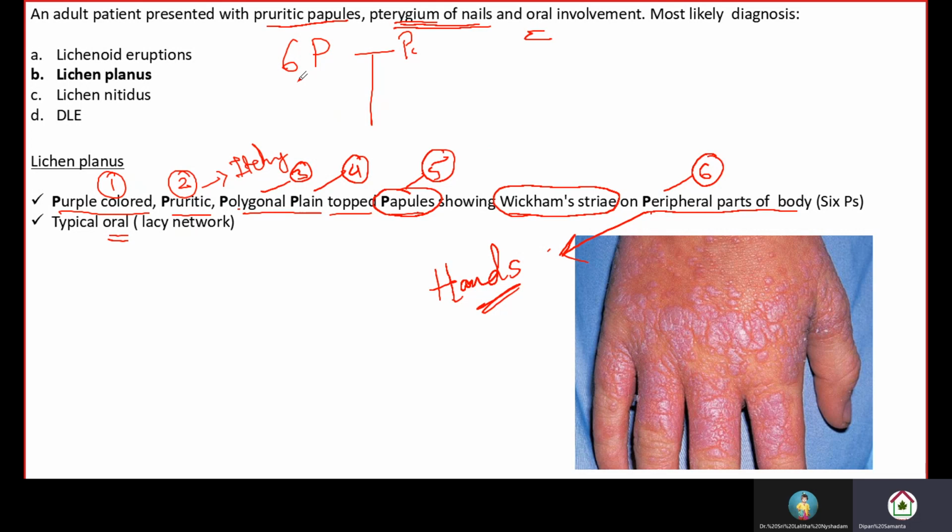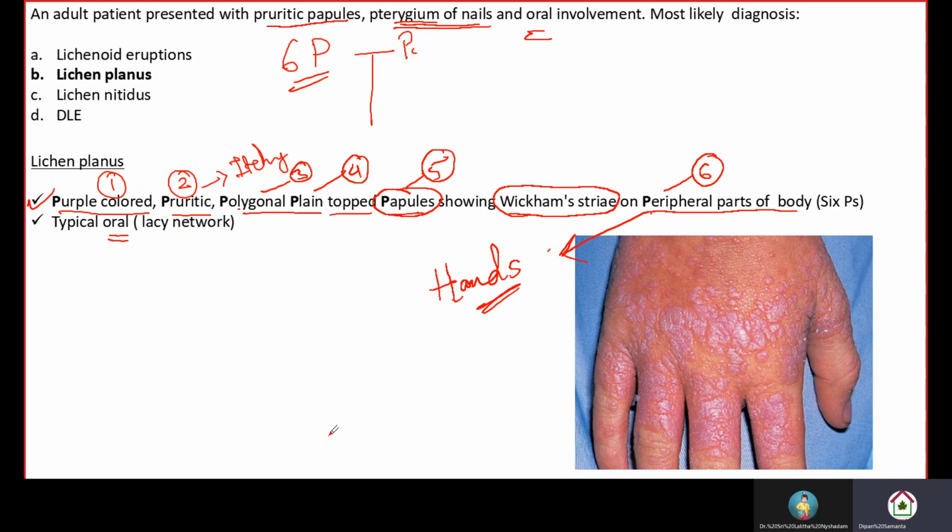But out of the 6P, if a question on lichen planus comes in FMG, two to three Ps will already be written in the question, like purple colored, pruritic papules. They may not elaborate papules as polygonal plain topped, but say papules, pruritic, purple colored, on the hands or extremities.